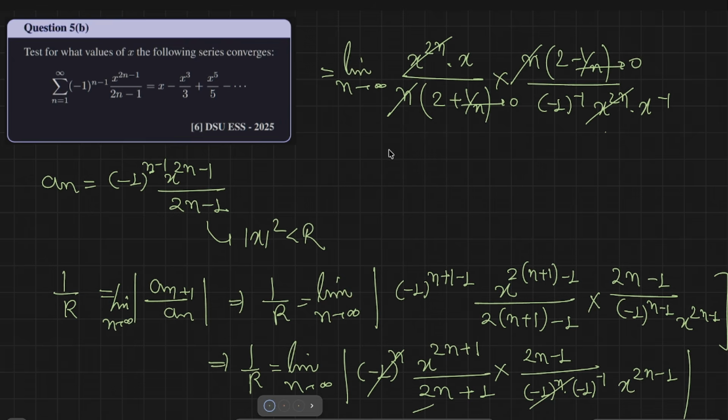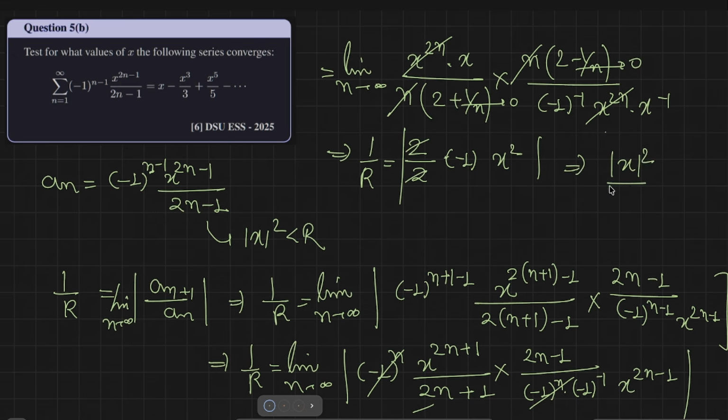So from here I can get 2 by 2. So 1/r is equal to 2 by 2 into mod of -1 power -1, it will go in the numerator, and this is also in the numerator, and this x is also there. So this x and this x^(-1) will be x², and this will be mod of x².